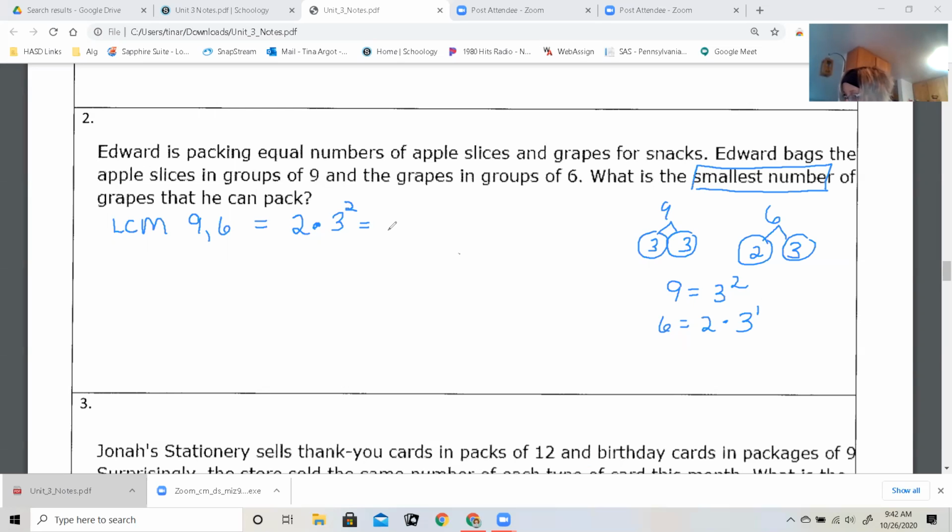When you go through and you multiply that, you end up with 18 grapes. Please label them. 18 grapes.